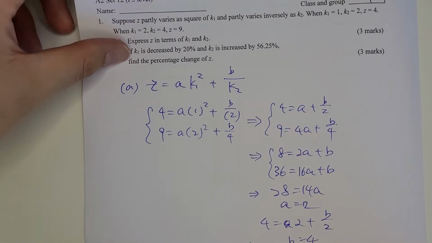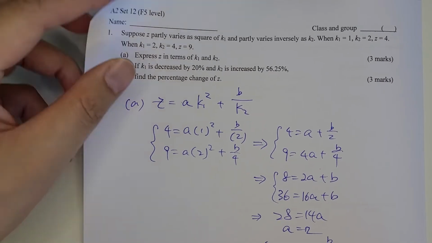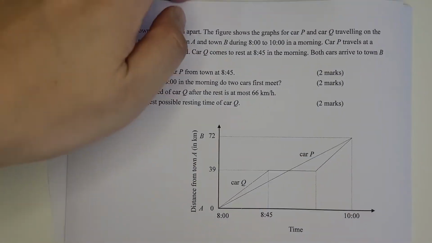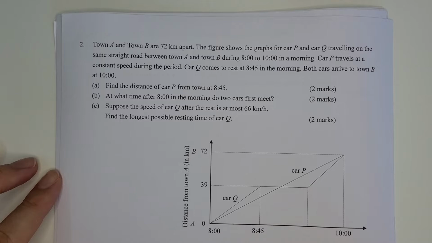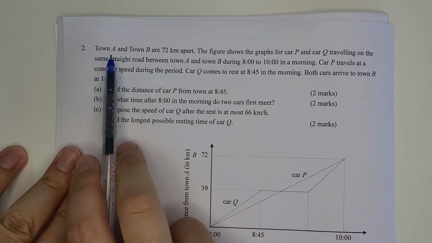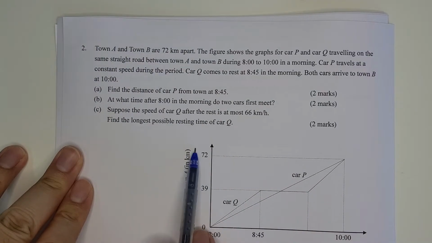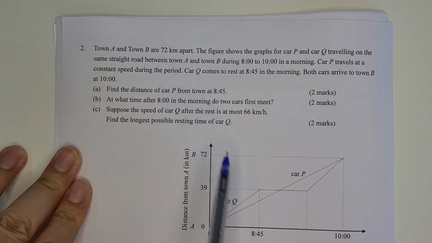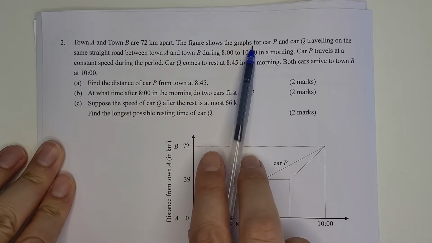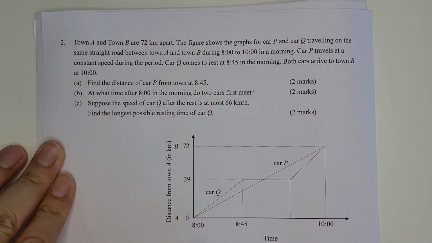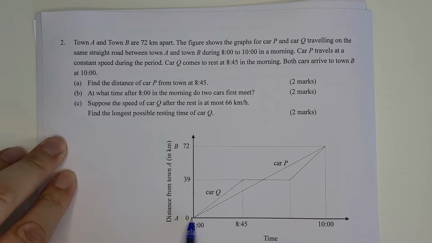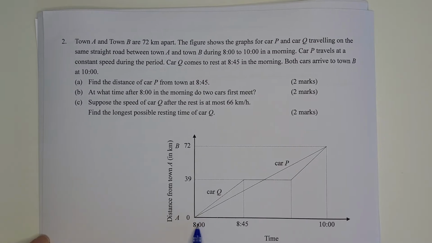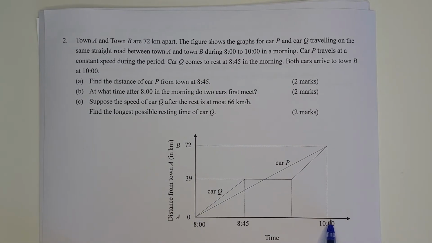And then let's go to question number 2. Okay, for question number 2, town A and town B are 72 km apart. The figure shows the graphs of car P and car Q traveling on the same straight road between A and B during 8 a.m. to 10, okay?